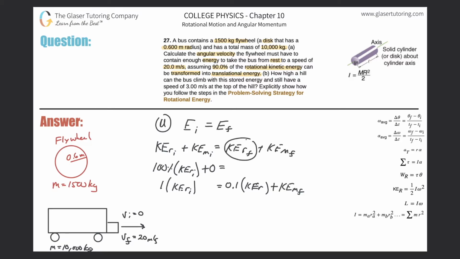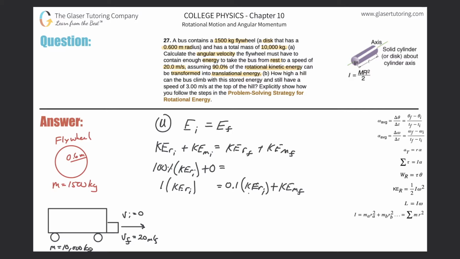Now, I'm taking away 90% of the initial value, so therefore 10% of the initial value will be left. So really what I should have in here is the sub I value. So 10% of whatever I had initially will be left finally. So this term is equivalent to this term. Hopefully that makes sense, okay?